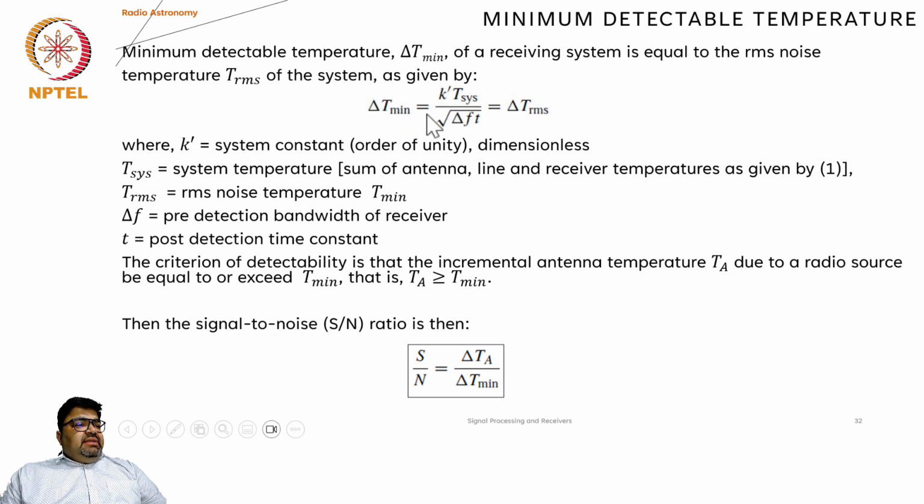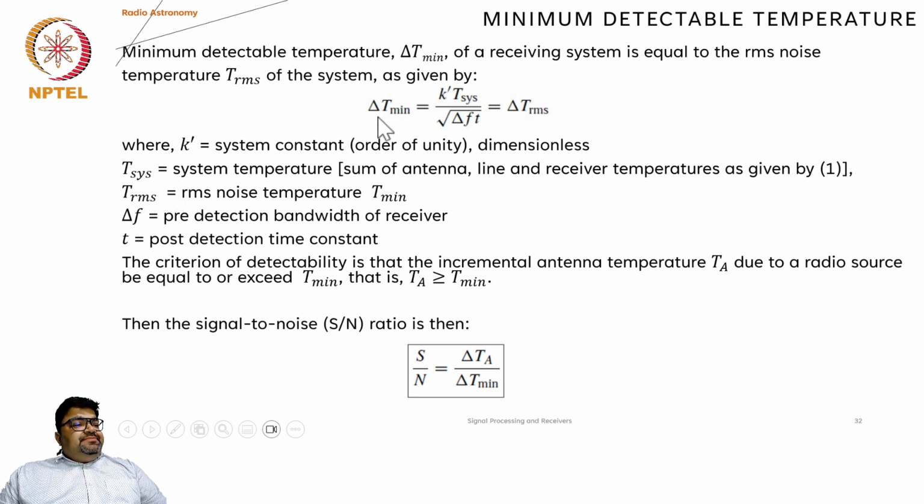That is given by delta T min equals K prime Ts over the square root of delta F times tau. That is also called delta T RMS. This is the radiometer equation, which we will see again next week, where we will derive it from scratch.